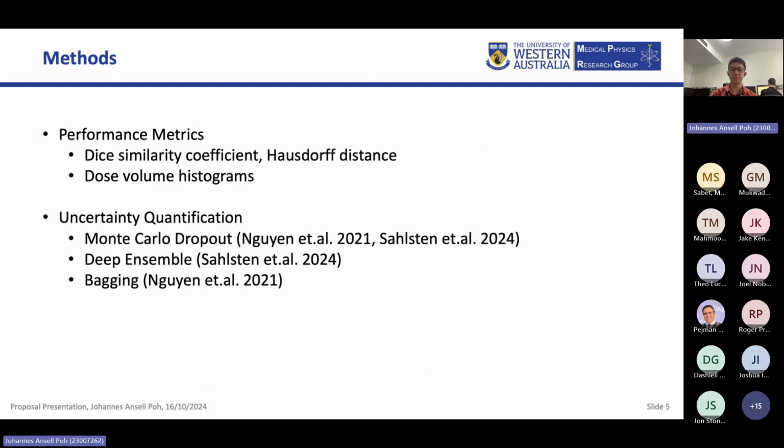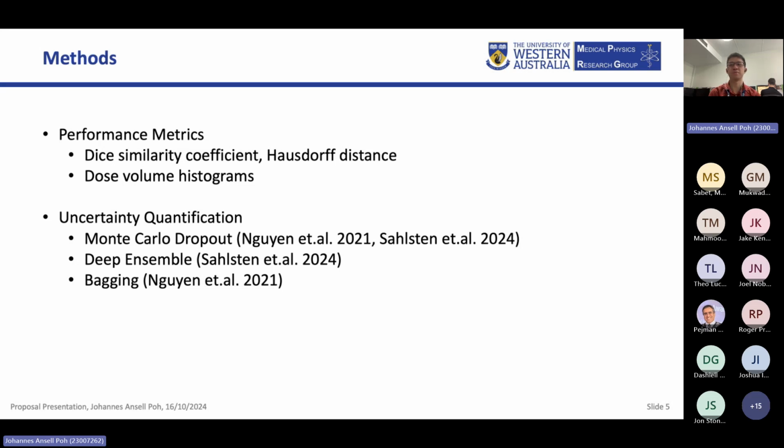So there are a few performance metrics that can be used to evaluate the model's performance. In terms of image deformations, some of the most common ones are dissimilarity coefficients and Hausdorff distance.